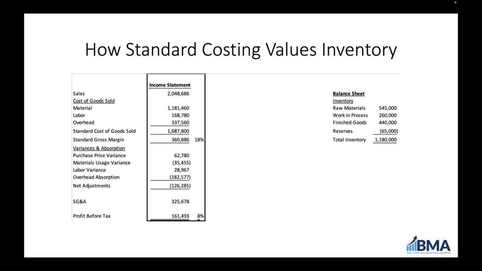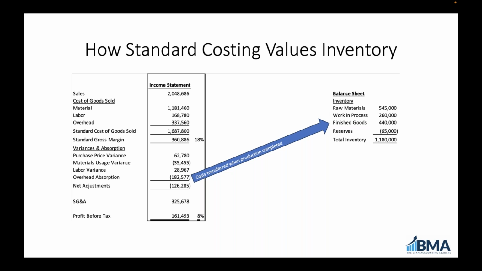So you have an income statement on the left. You have a balance sheet just with the inventory accounts on the right. So this idea of absorption, and it's really more than overhead. It can also be the materials. This is where the costs on the income statement are transferred to finished goods based on production.